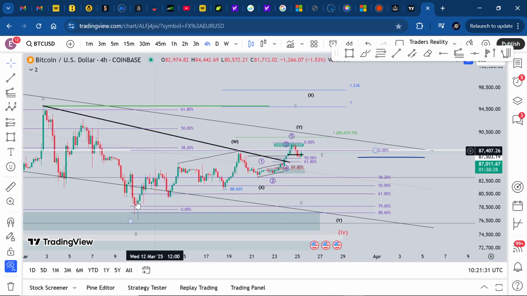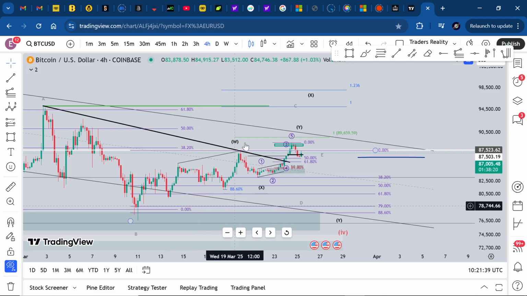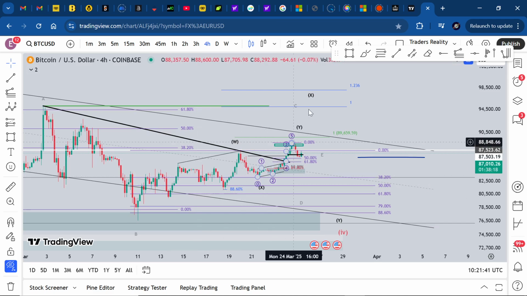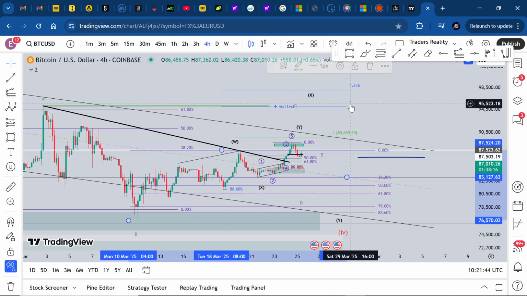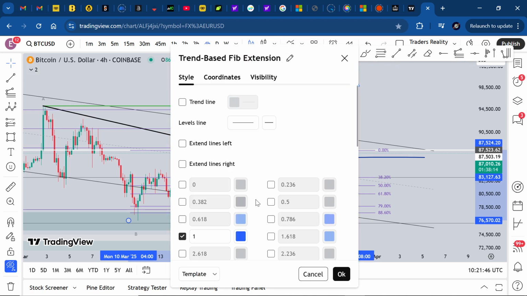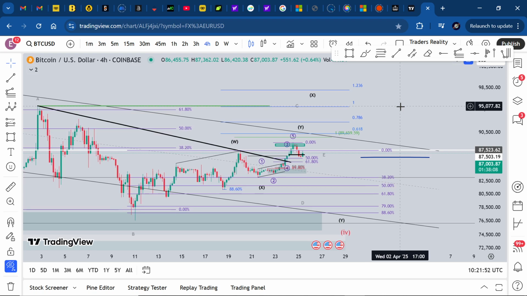When you check it, W, ABC, ABC, ABC, X, looking for Y. Where we've stopped there, I don't even know if we've hit the minimum for there. No, we haven't even hit the minimum target for the Y. So expecting more upside, expecting to take out this high now.